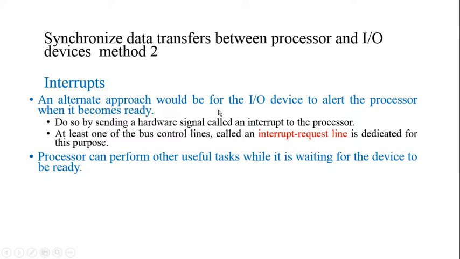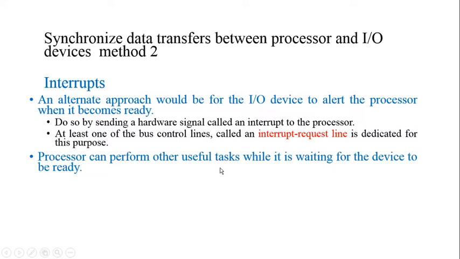The device itself informs the processor that it is ready for data transfer, and it does so by sending a special hardware signal called an interrupt to the processor. At least one of the bus control lines, called an interrupt request line, is dedicated for this purpose.